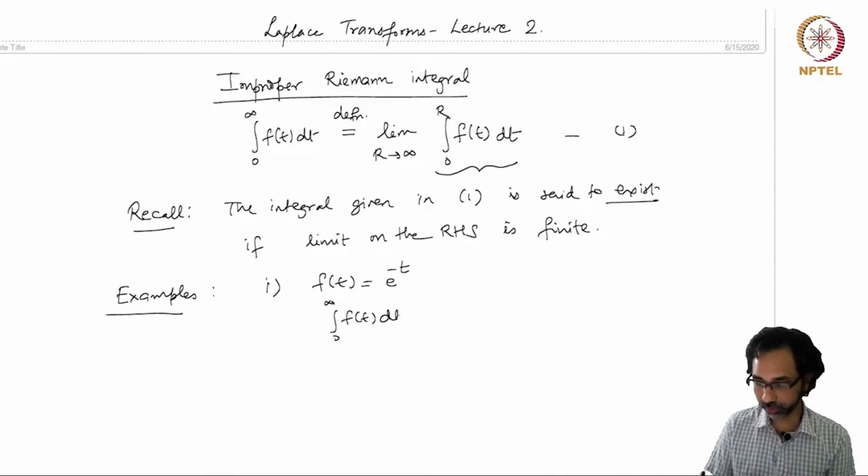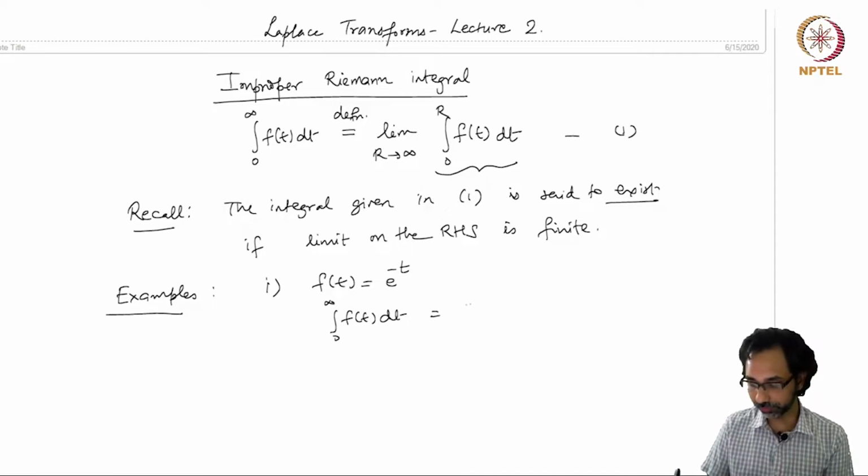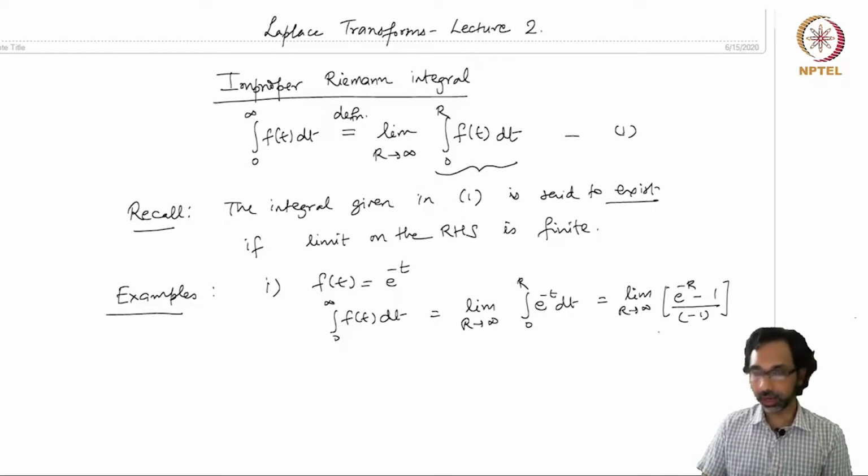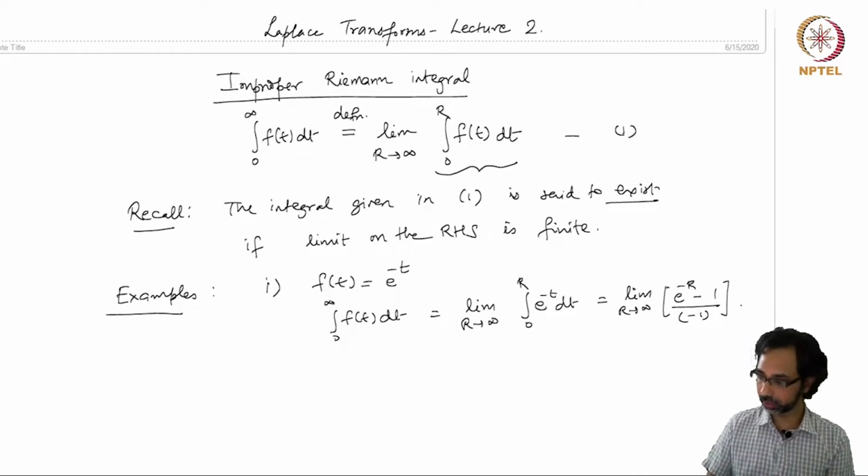If you want to compute the integral from 0 to infinity of f(t) dt, this is the limit as r goes to infinity of the integral from 0 to r of e to the minus t dt, and you get the limit as r goes to infinity of (e to the minus r minus 1) by minus 1. Okay, and this final limit exists because the exponential function raised to a negative power will decrease to 0 as r goes to infinity. So this is in fact 1.